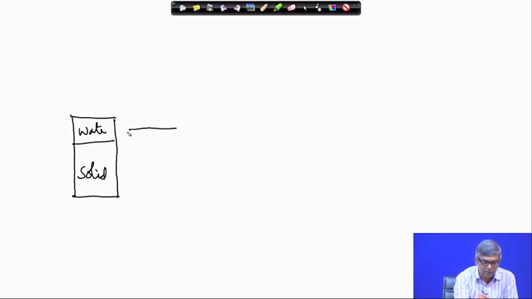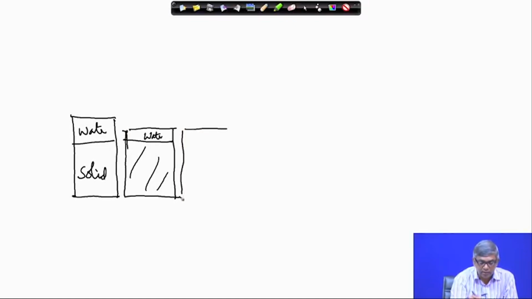At some situation, that is the lowest volume, the maximum saturated condition, suppose this one, then this is solid and this is water, and now if I do the dry condition, then this is solid and this is air.